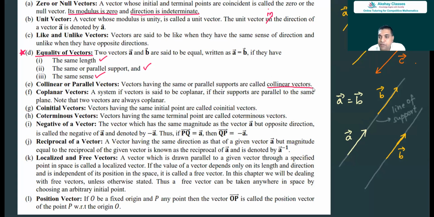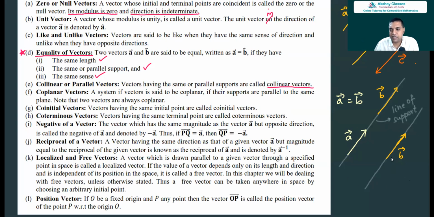Now, because of the previous condition, when you say collinear vector, it need not be on the same line. So A and B will be called collinear vectors because I can shift B to any initial point and terminal point. As long as the magnitude and direction are constant, I will get the same result.